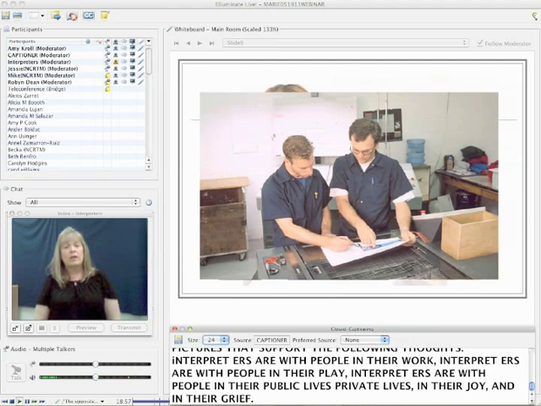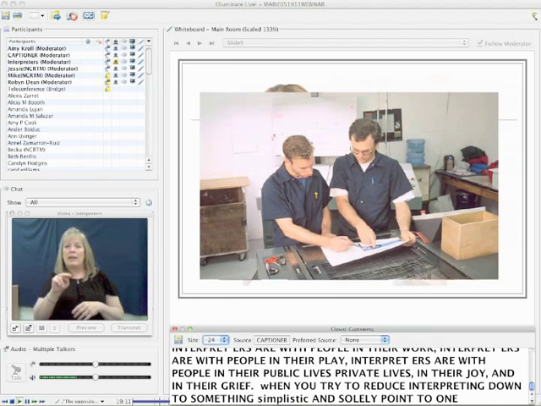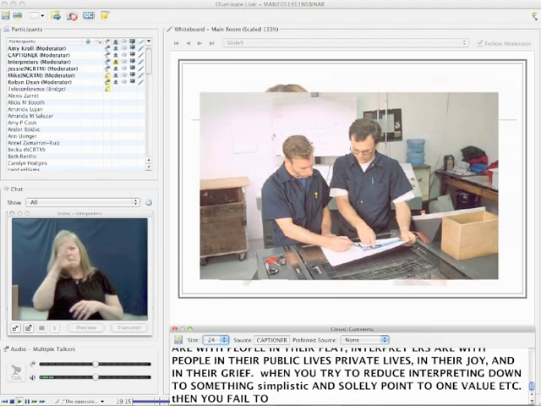When you try to reduce interpreting down to something simplistic as source and target language, and solely point to one value of self-determinacy, agency, etc., then you fail to appreciate the unique, the changing contextual factors that interpreters find themselves in.